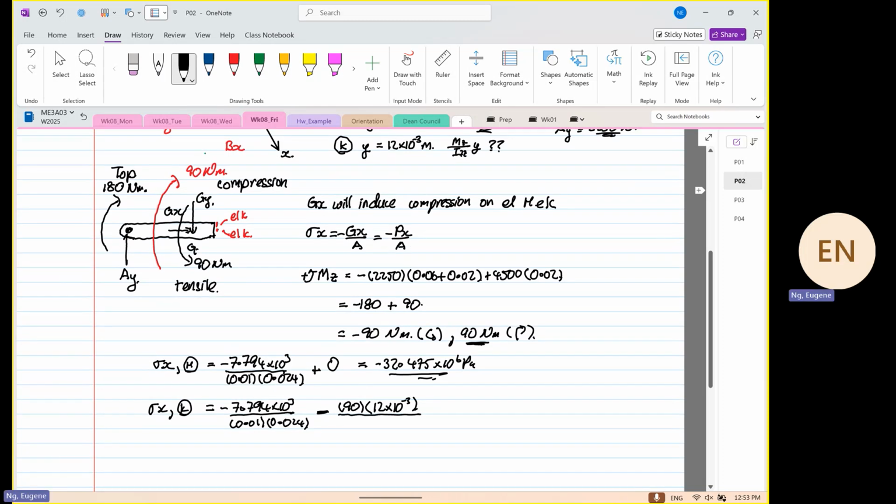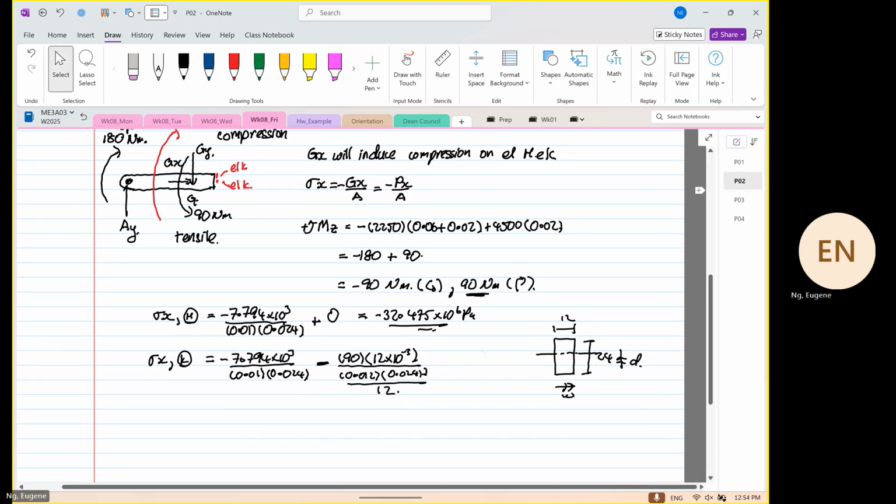And then over here, we know that this is 24. This is 12. This is our axis of interest. So this is our width, and this is our depth. So our width is equal to 0.012 multiplied by our depth, which is equal to 0.024 to the power 3, and the whole thing divided by 12. Okay.